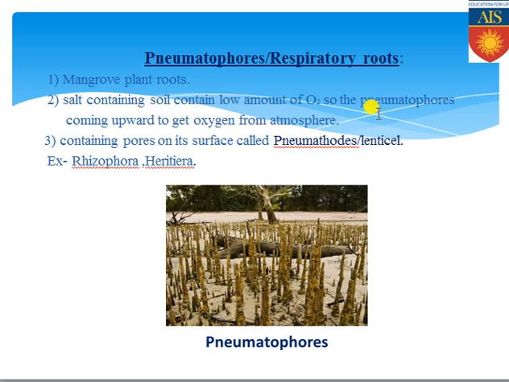So pneumatodes or lenticels, which are present on the surface of the pneumatophores, are responsible for obtaining oxygen from the environment. As examples, you can see in Rhizophora and Heritiera, these plants have pneumatophores by which they obtain oxygen from the open environment. So you can see the picture of the pneumatophores here.